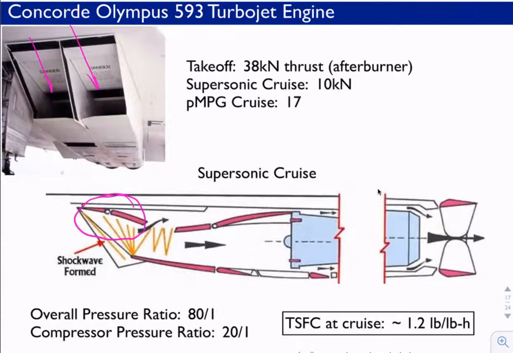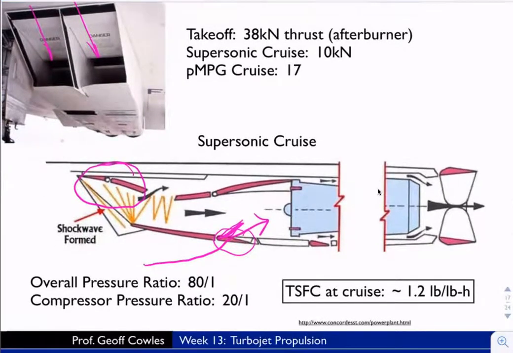There was also a little hatch down here, which isn't really shown, but they could open this hatch. I think it went up at takeoff, if I remember correctly. It opens and closes like that. And so when they needed to increase the core flow to the engine at takeoff for maximum thrust, they could open this duct up right here.